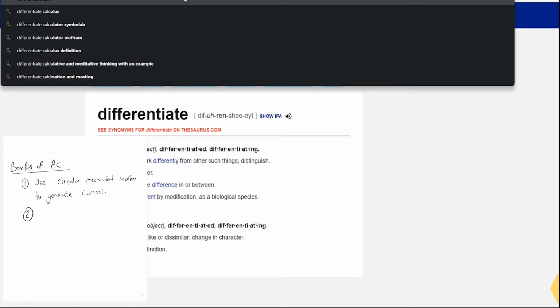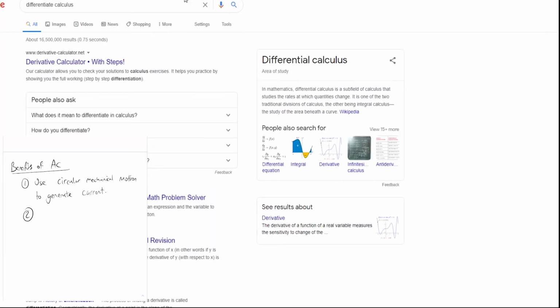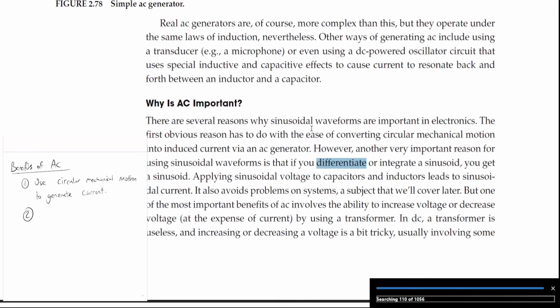But calculus. I haven't actually studied calculus, and I feel like I absolutely should. Differential calculus is a subfield of calculus that studies the rate at which quantities change. Differentiation allows us to find rates of change. Okay, so it seems to have something to do with rates of change.